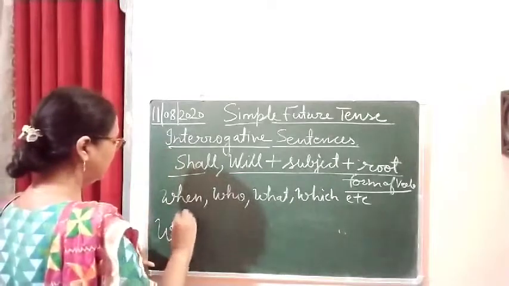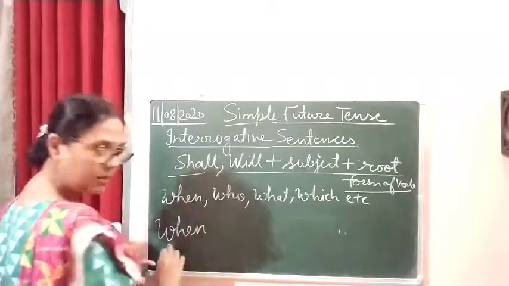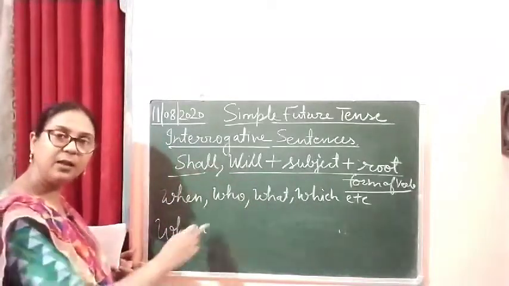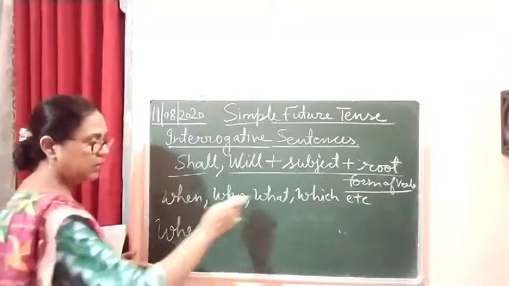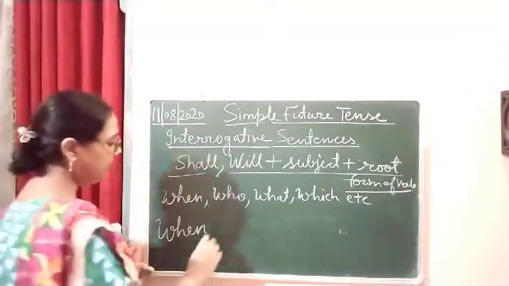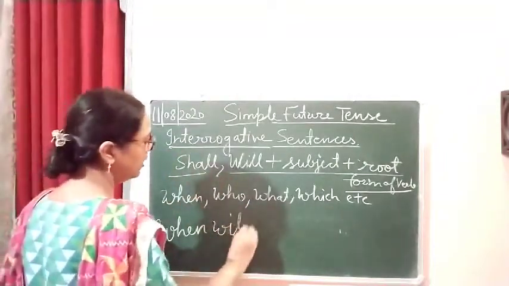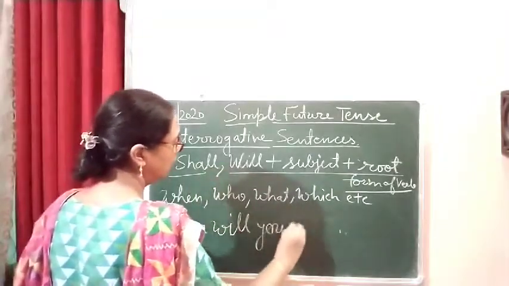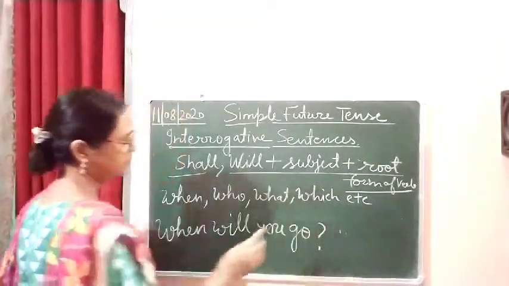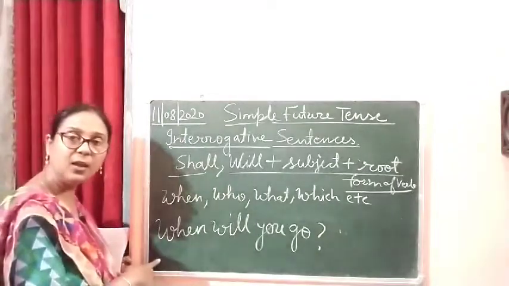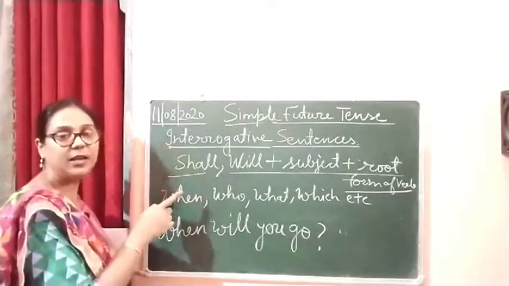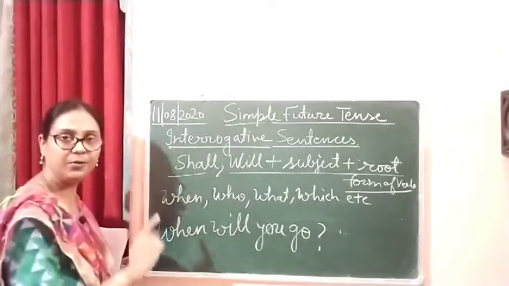We first write these words, like when, and then will. When will you go? So this way we can make interrogative sentences in simple future tense.